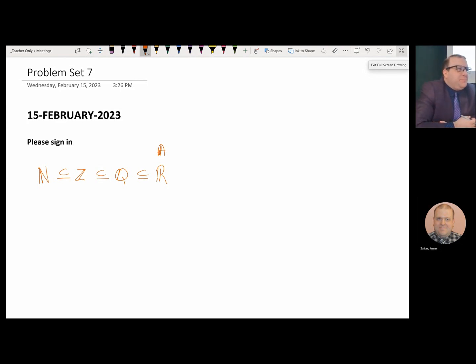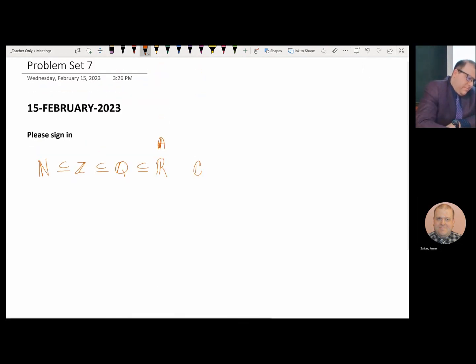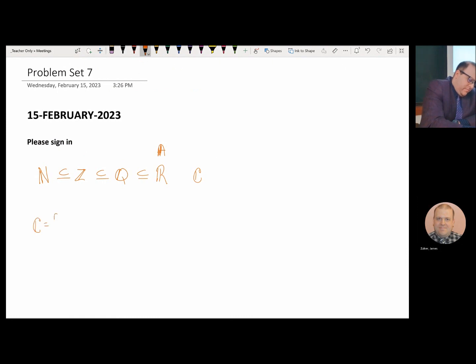After the reals is the complex number system. Complex numbers can be written as a plus bi.